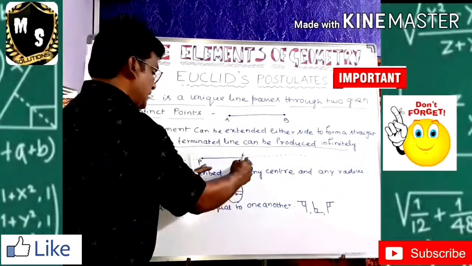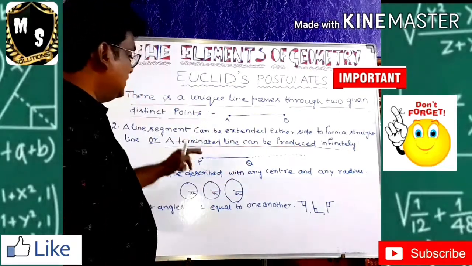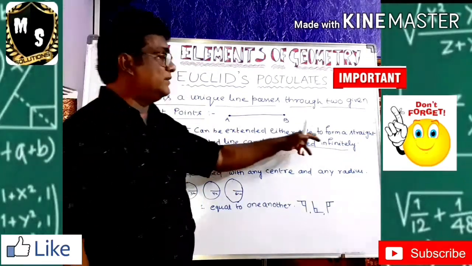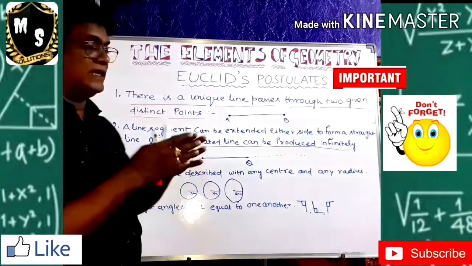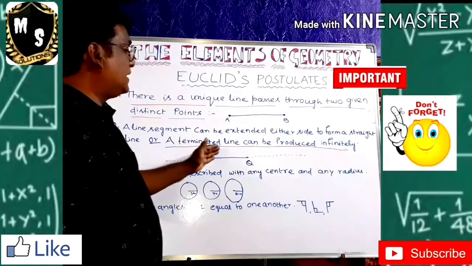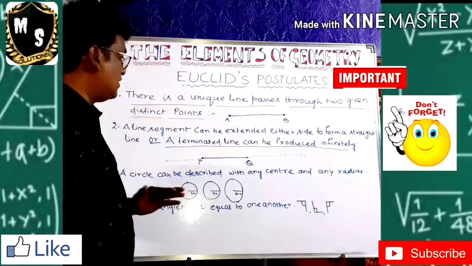That means it is a PQ line. It has some measurements here. But what he said, a line segment, a line segment of some certain measurement, can be extended on either side. It can be extended on this side and on this side to make a line also. Clear? So this is a terminated line can be produced infinitely. So this is the second postulate of Euclid.